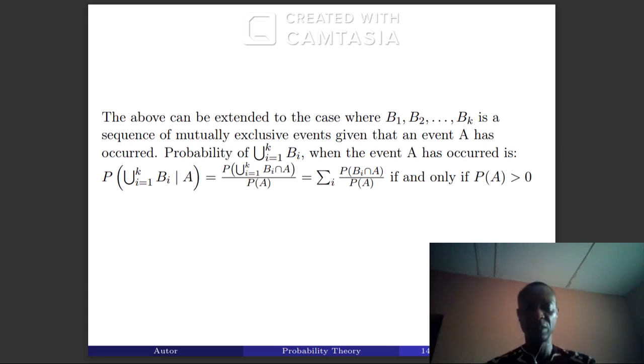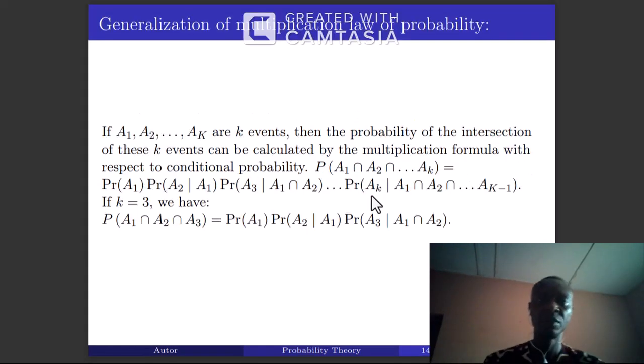It's the same formula, but here we get their summation: probability of B1 intersection A divided by probability of A, plus probability of B2 intersection A divided by probability of A, plus probability of B3 intersection A divided by probability of A. That is how to get it if you have a sequence of events to be determined. This is just in general terms, like what we have explained.